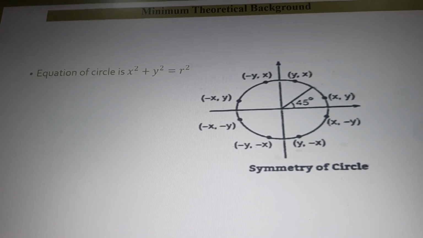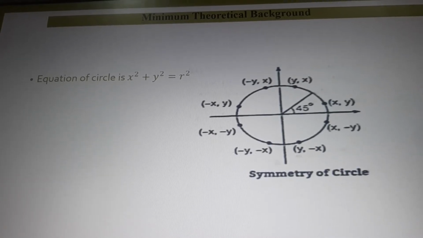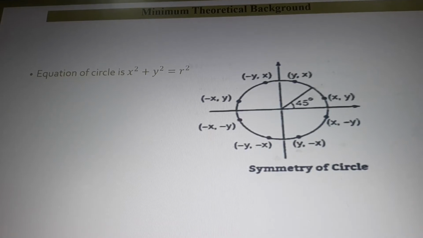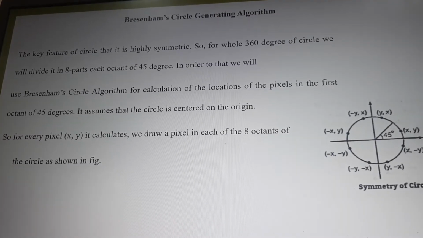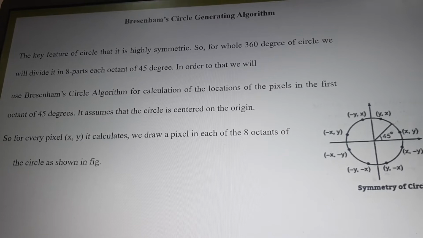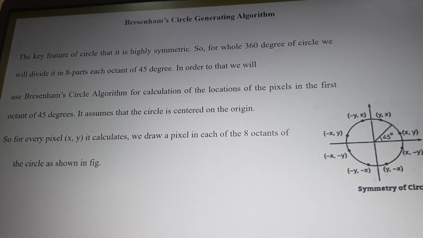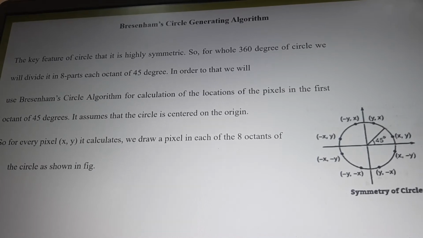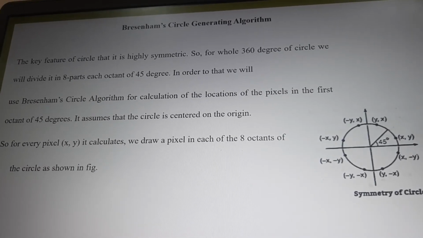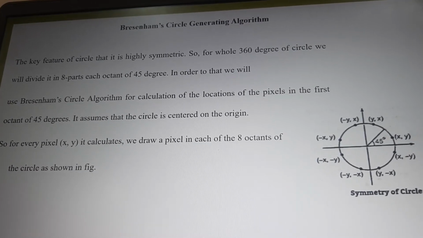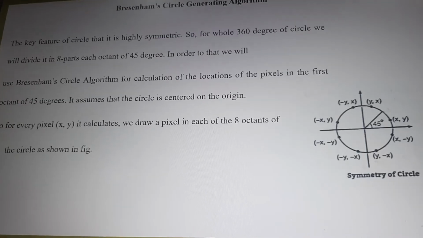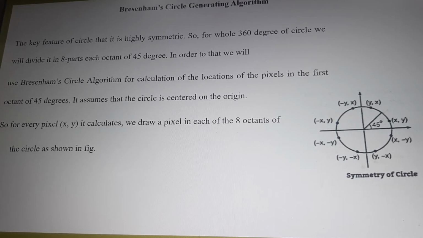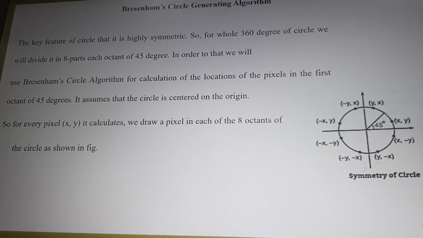On a screen, you can see the symmetry of a circle. Bresenham's circle algorithm is based on the idea of determining the subsequent pixels required to draw the circle. x plus y comma y is used to find the next pixel to draw the circle.